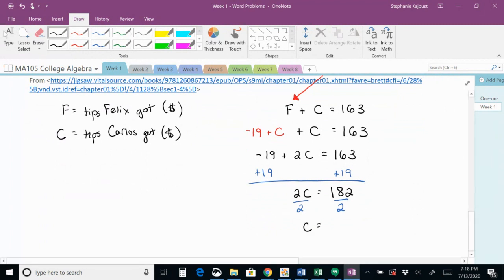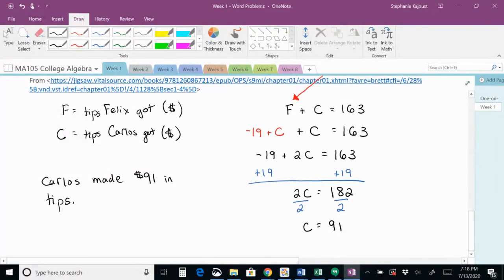So when I divide 182 by 2, I get 91. So this is the tips that Carlos got. So Carlos made $91 in tips.